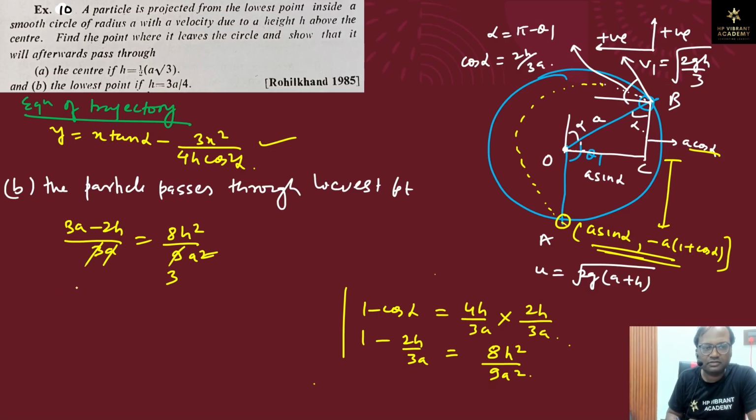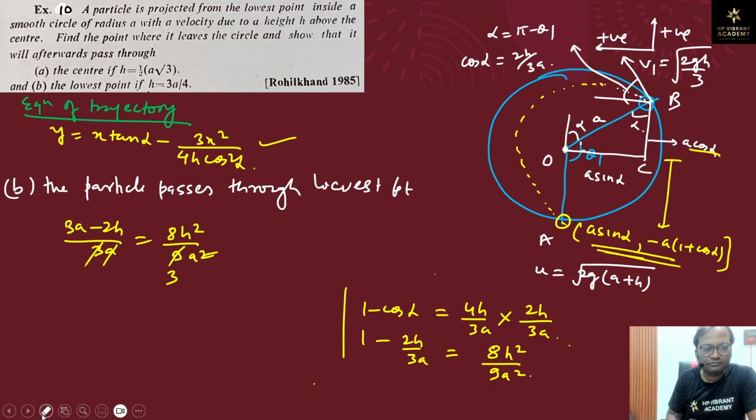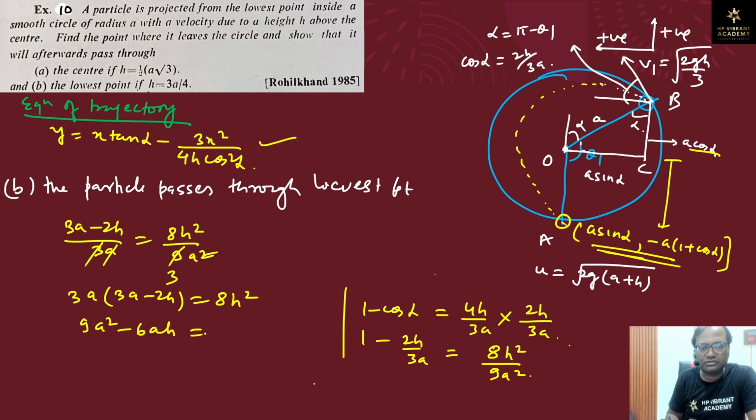So we have 3a into 3a minus 2h is equal to 8h square. So we have 9a square minus 6ah equal to 8h square. So we have this as 9a square minus 6ah minus 8h square is equal to 0.